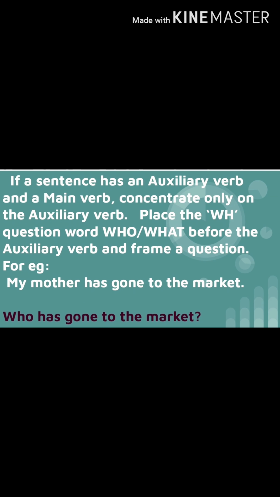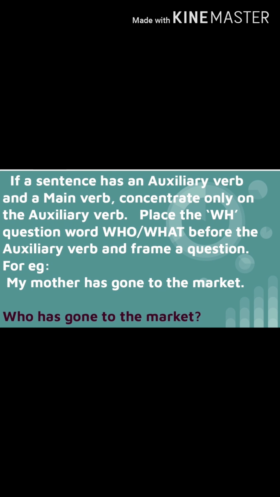If a sentence has both an auxiliary verb and a main verb, concentrate only on the auxiliary verb. Place the WH question word who or what before the auxiliary verb and frame a question. Let's understand this better with the help of an example. My mother has gone to the market. Here, the word has is the auxiliary verb and the word gone is the main verb.